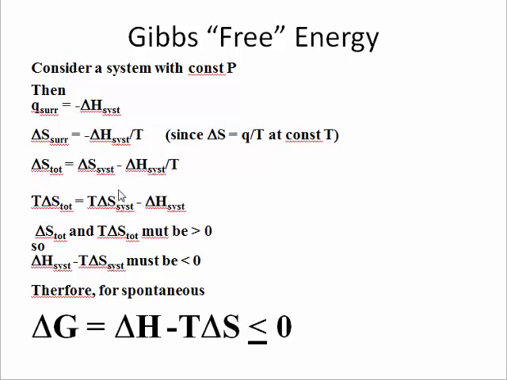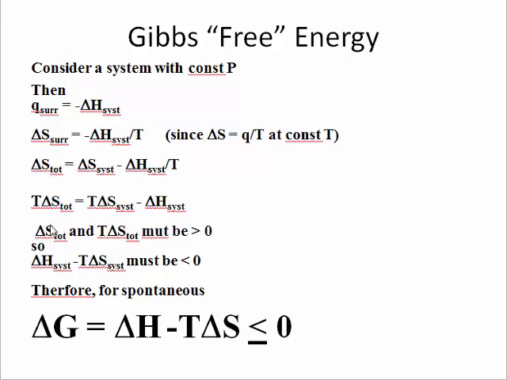Right, if we multiply through by the constant temperature T, assuming the temperatures of system and surroundings are the same, T delta S total of the universe is T delta S for the system minus delta H for the system. All right.